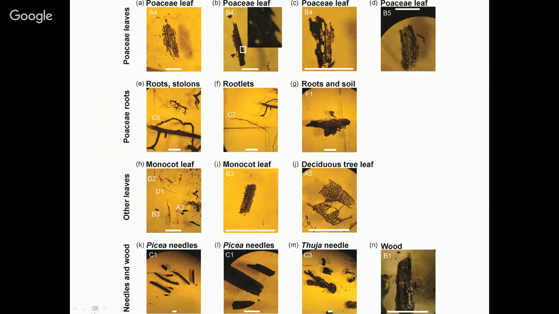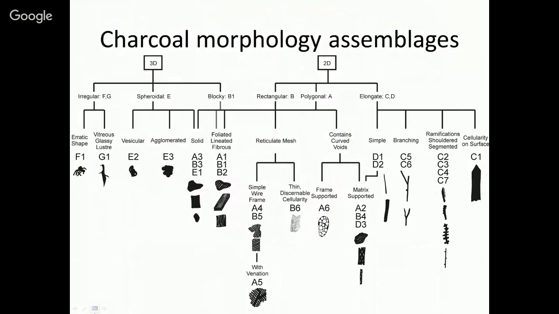And so there's quite a range of different shapes that you see, and we're able to experimentally link those to different plant parts and different plant types that are present on the landscape. And if we classify those, then as we count the charcoal in a sediment core, we're able to build those assemblages through time, just like we would do for any other microfossil.